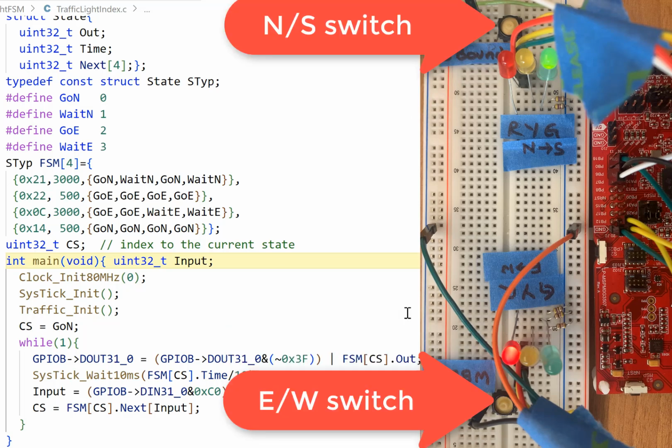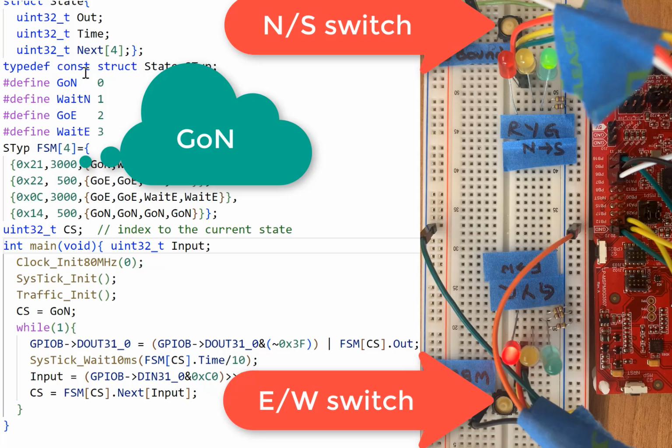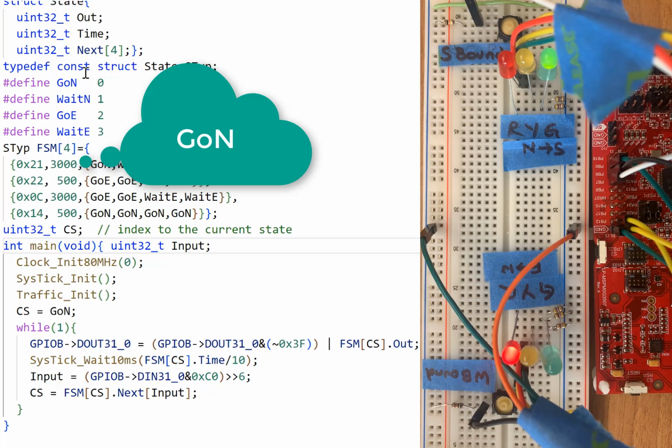And then we have our switches, which are our sensors that sense cars. So the initial state, what is the initial state, John? It should have been go north. Go north. And so I see the north LED on. Yes, there's our green LED on here and the red LED off there, which is our go north.